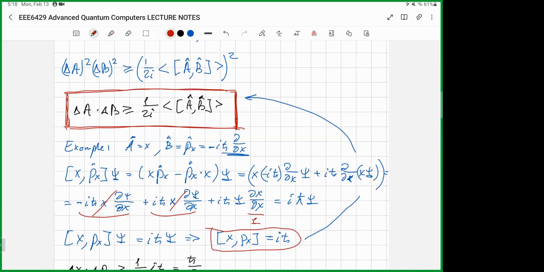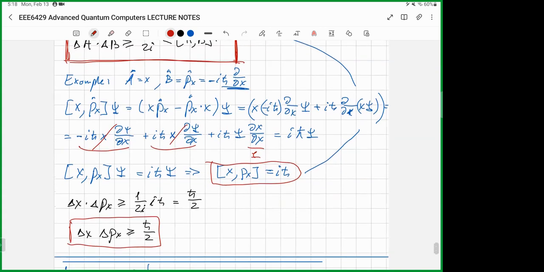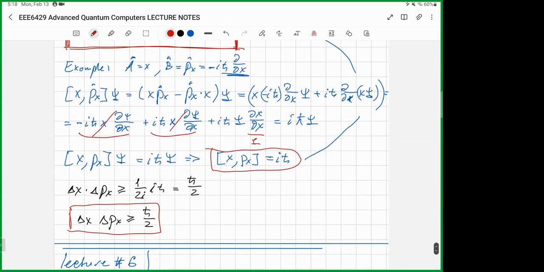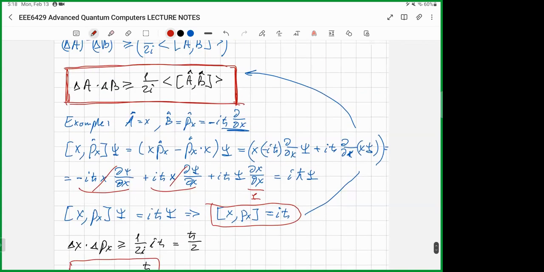So from here we conclude that if the operators don't commute, and the commutator is not equal to 0, like in the case of coordinate and momentum, then this product gives you some value, right?